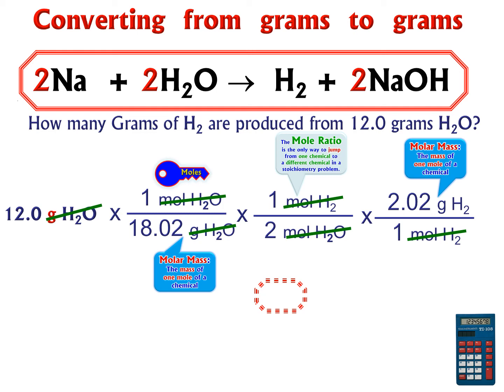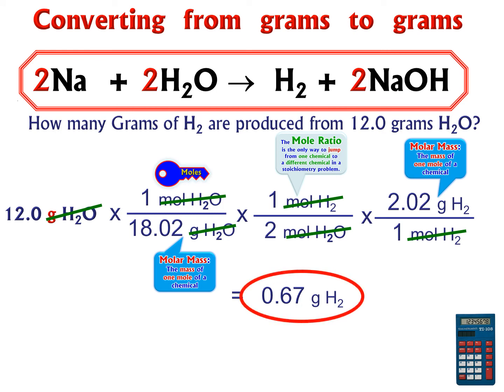What is the unit of my answer going to be? Grams of hydrogen, it better be. And what's the number of my answer going to be? 0.69 grams of hydrogen. So it's funny that using 12 grams of water only gives you that tiny little bit of hydrogen, 0.69. That's because hydrogen is the lightest element in the universe.